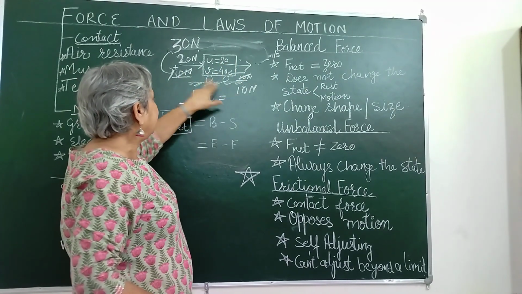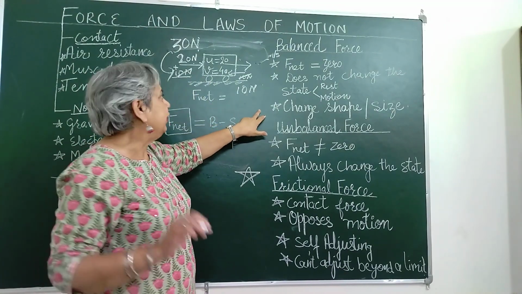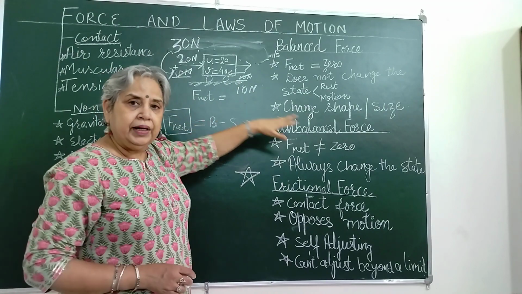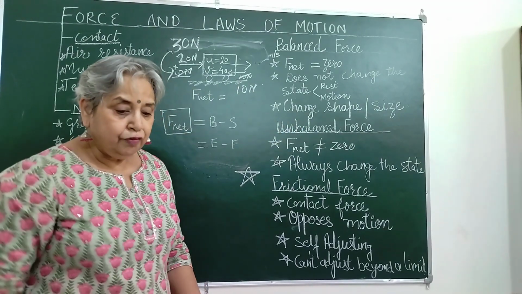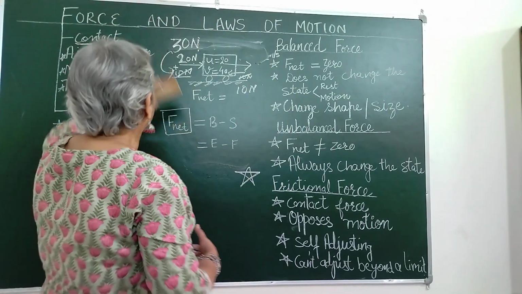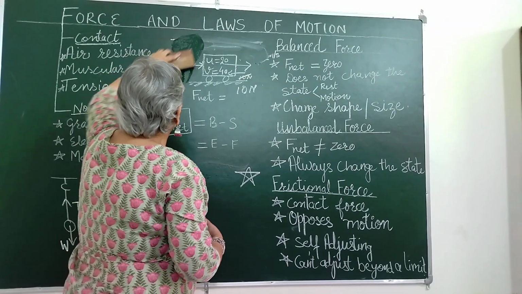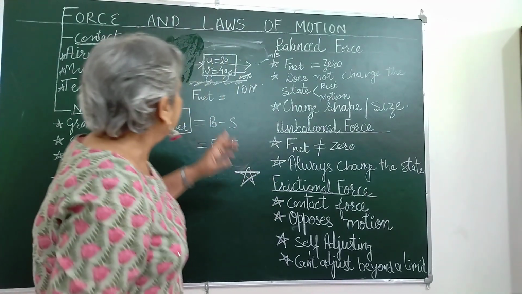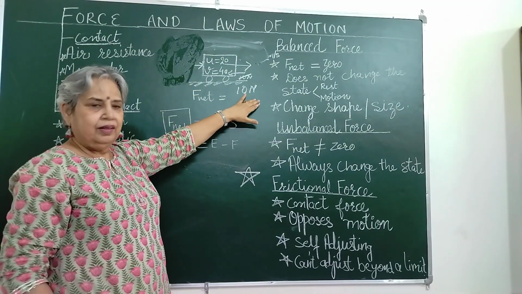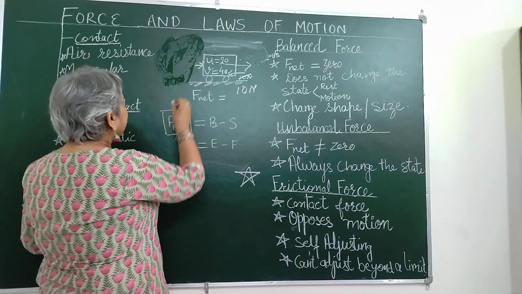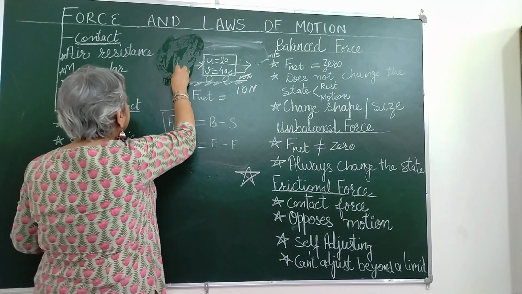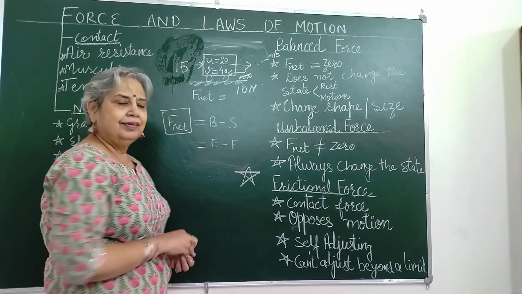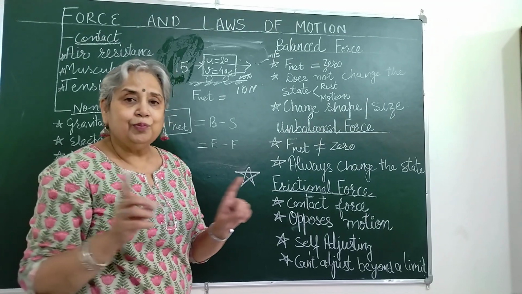How self-adjusting? When I applied 20 Newton, it can move with speed of 20 meter per second, because 10 Newton cancelled the friction. I increased force, then speed increased. But if I apply only 10 Newton, as we discussed in the first case, then there is no movement. Then we increase the force from 10 Newton to 15 Newton. Even then it doesn't move.